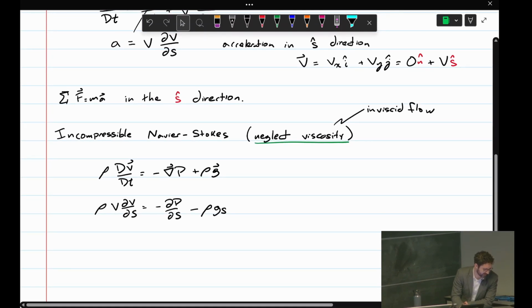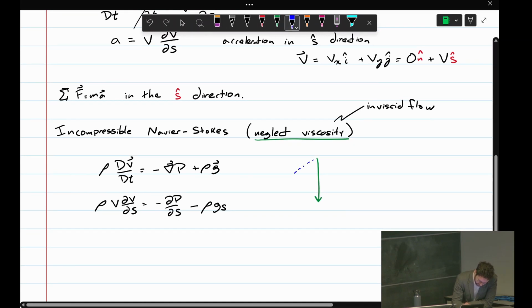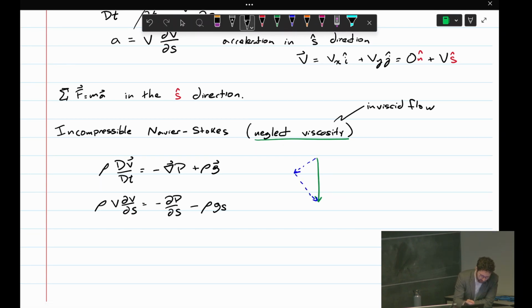Okay. So I'm going to talk about the gs here. Let's assume our gravity vector is just down. Say g equals negative g j hat, using an i hat, j hat coordinate system.